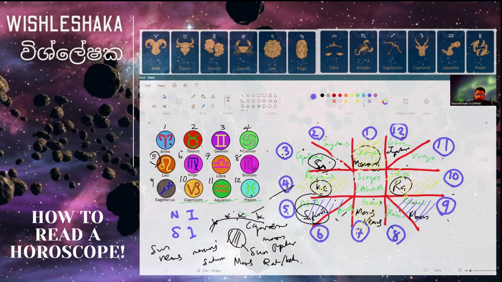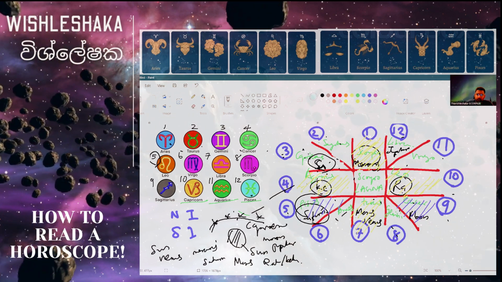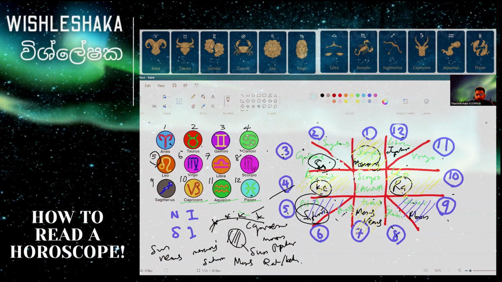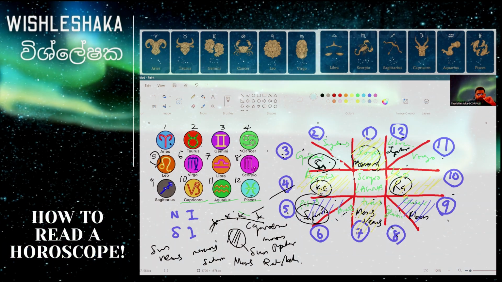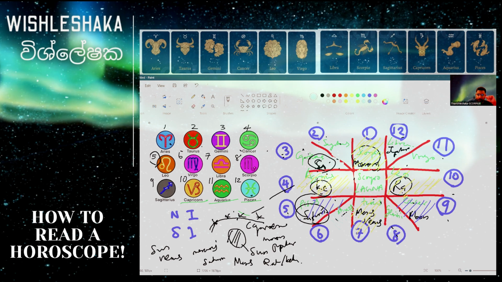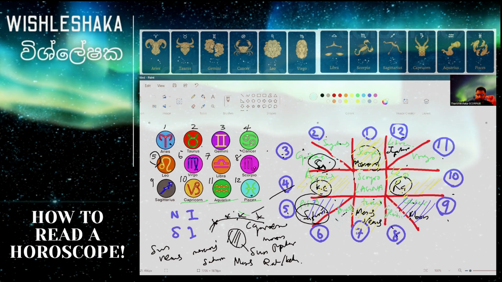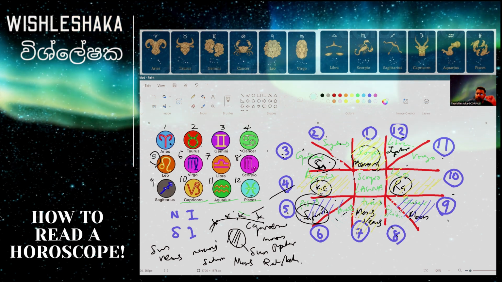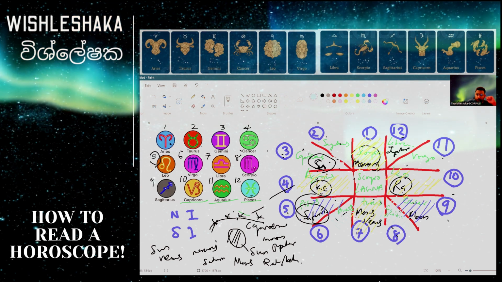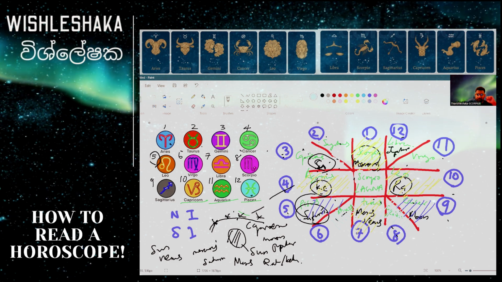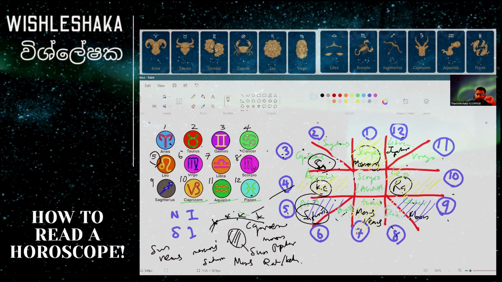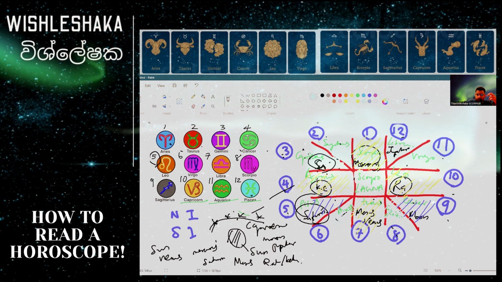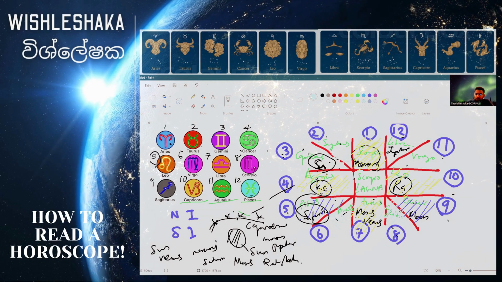This one, the 6th, is pretty bad. The 6th is the enemy house. It tells about enemies, diseases, and such. The 8th is your death: the length of your life, Ayus they call it, or diseases, or accidents, or simply death, losses in your life.